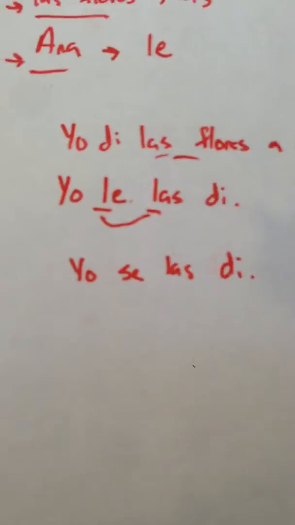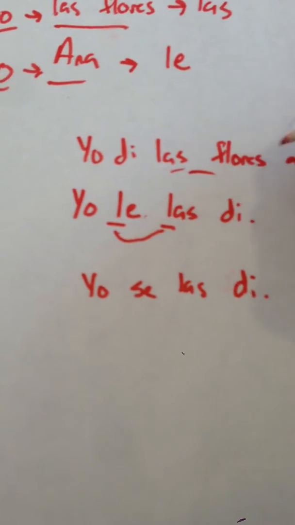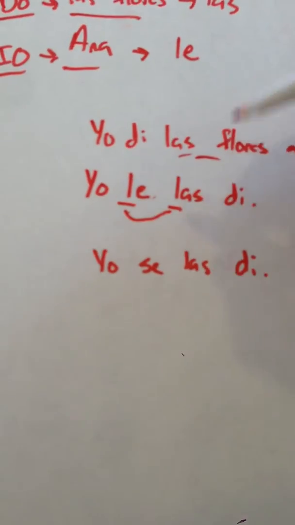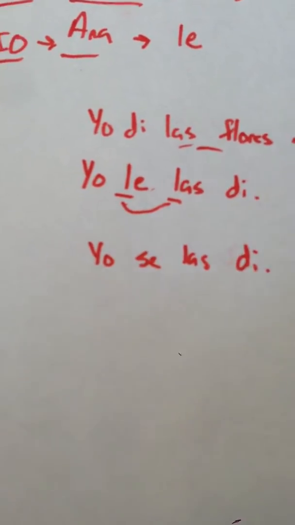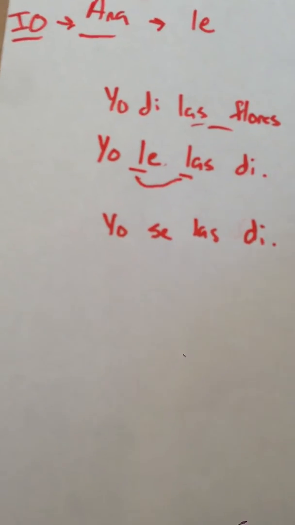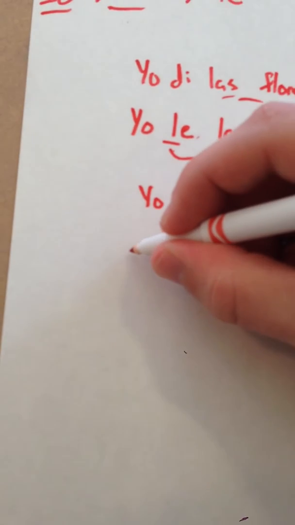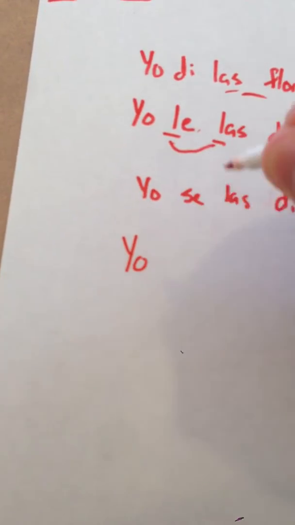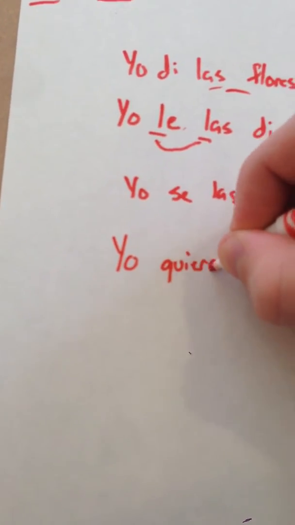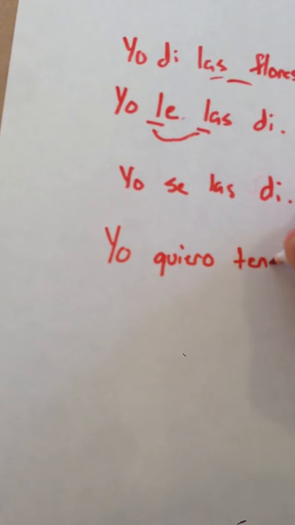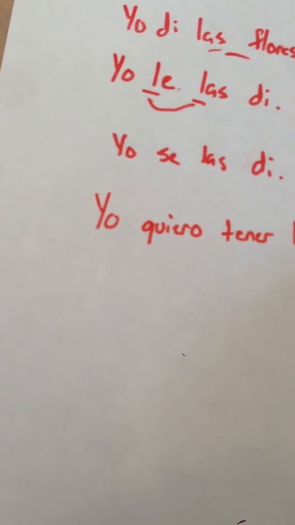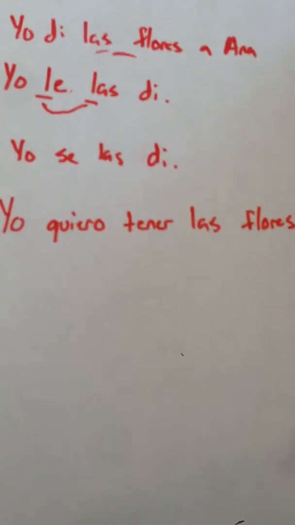Now, every time you convert objects, direct or indirect, to object pronouns, they always go in front of the verb, with a few exceptions. If you have an unconjugated verb, like, let's say I had the sentence yo quiero tener las flores. I want to have the flowers.